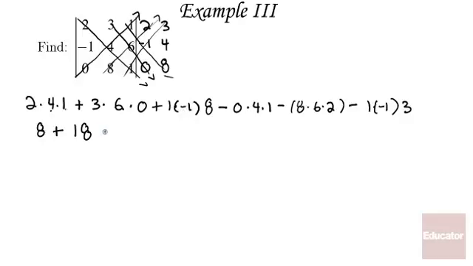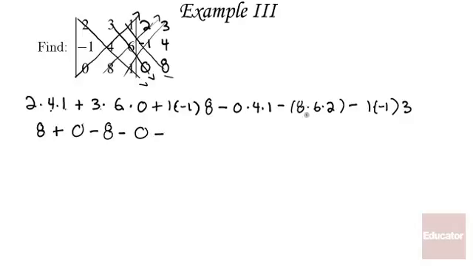That gives me negative 8. Actually, it's 3 times 6 times 0. Correction, that's 0. This is 1 times negative 1 is negative 1 times 8. That's negative 8. Here, again, I have a 0. It's negative, so this is just going to become 0.